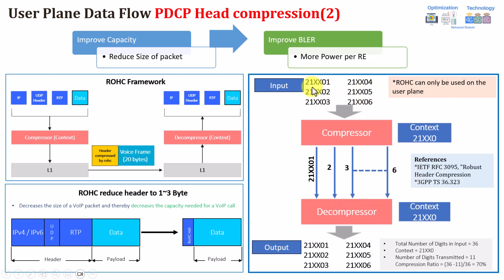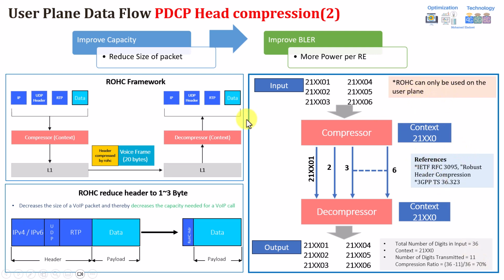It will initially pass the first one as it is, to allow the decompressor, or the receiver, to understand what the context is. Once the context is established, it will just transfer the last number, as you can see. This can reduce, as mentioned, from 60 bytes or 40 bytes down to 1 to 3 bytes, and this is a very high compression ratio. It can go up to 70%, and this is very useful.